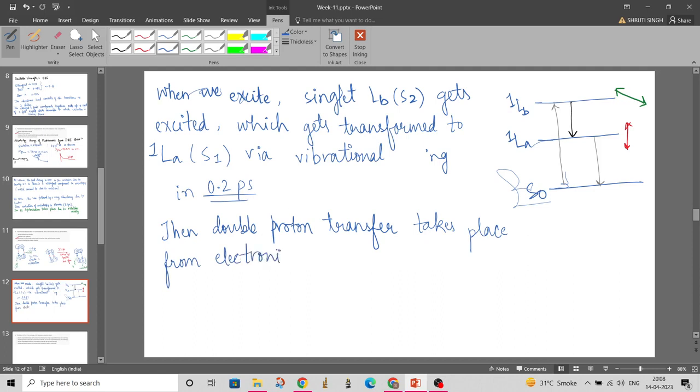So from the electronically relaxed S1 state, or this 1LA state, of the dimer.